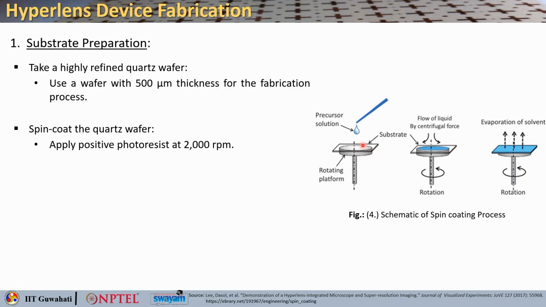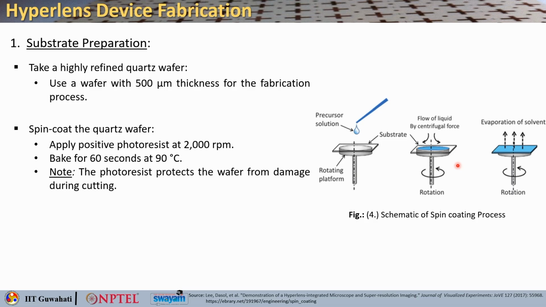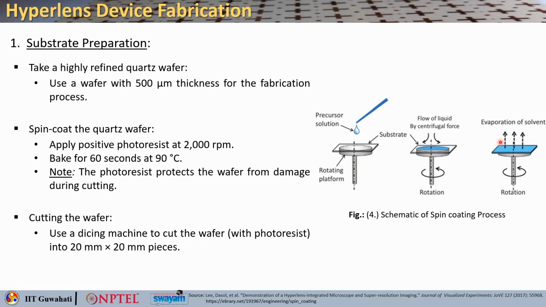You put a precursor solution, and then you apply a photoresist at 2000 rpm, and then you bake it for 60 seconds at 90° centigrade. That way you will be able to make a layer of photoresist that can protect the wafer from damage during the cutting. And then finally, you do the cutting.